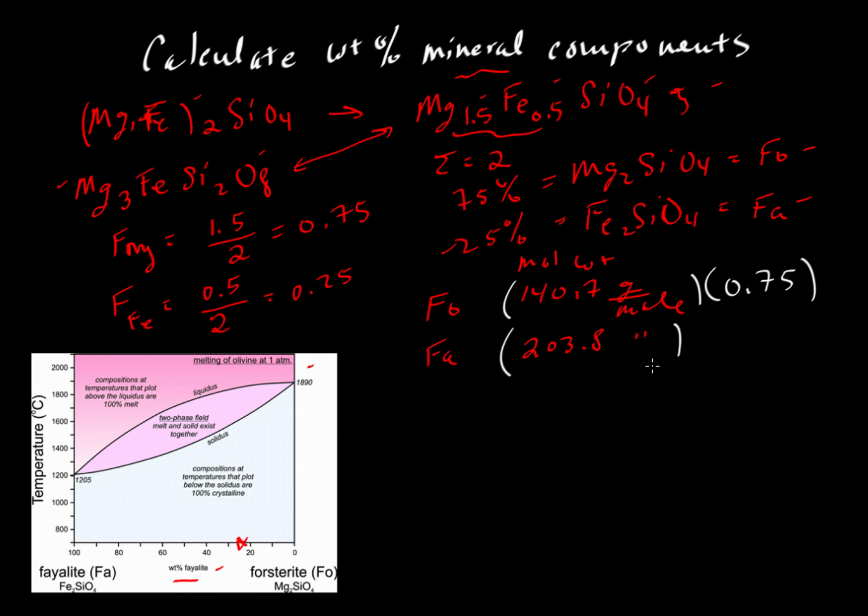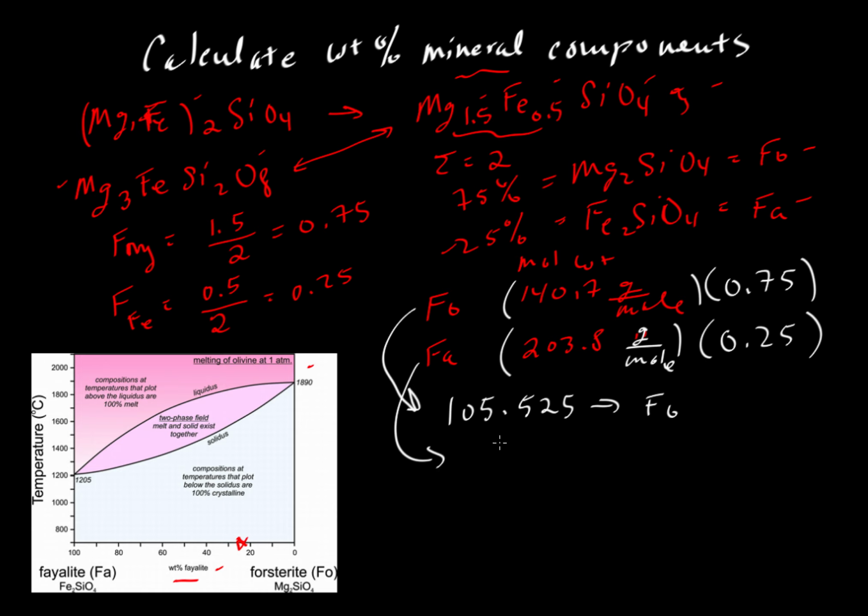We'll take 203.8, also grams per mole, and we'll multiply that by 0.25. So for this top one over here, we'll get a value of 105.525, and that is the weight of forsterite, and then for fayalite, we would get the number 50.95. So that would be the value for fayalite.